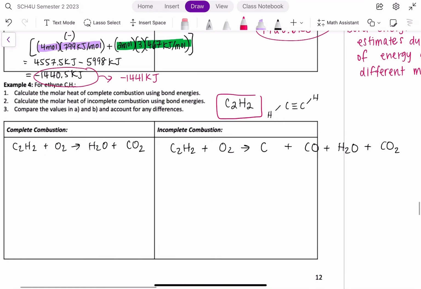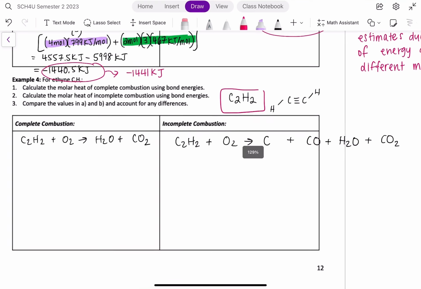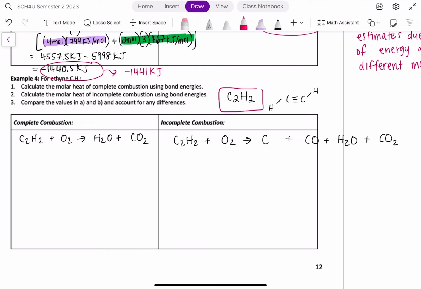I've written out your complete and incomplete combustion reactions, and I'm going to post this on OneNote. You're using the first method of bond energies, and you're comparing the energy that is released for each type of combustion. And you're going to compare those values, and I'll post those answers on OneNote for you to copy down.